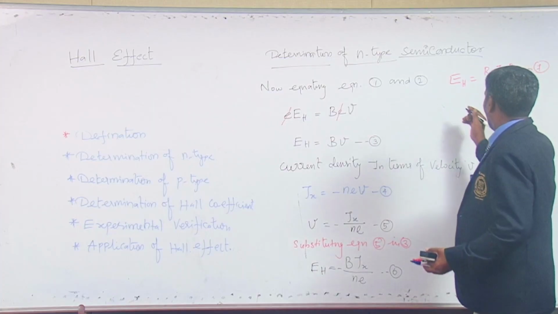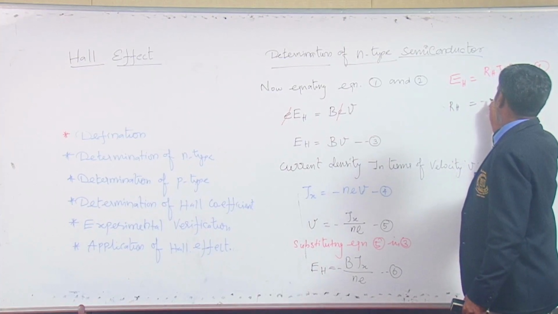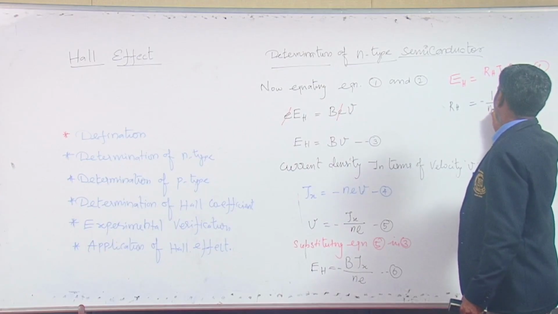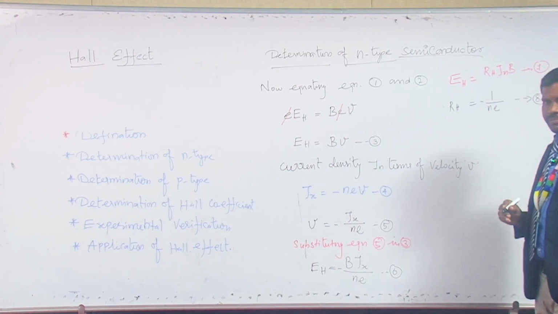Now the value of RH, the Hall coefficient, RH is equal to minus 1 by ne. This is equation number 8.